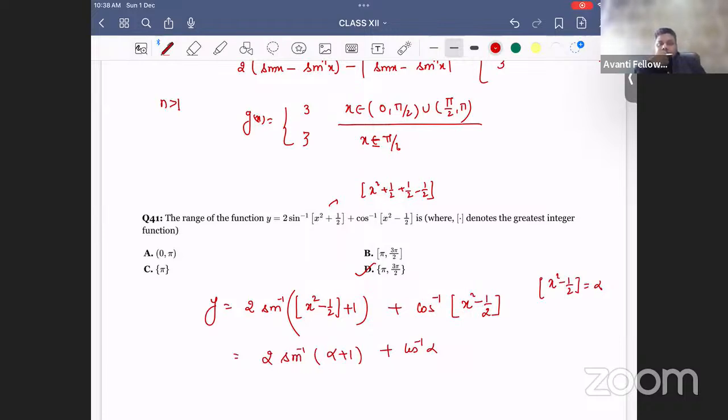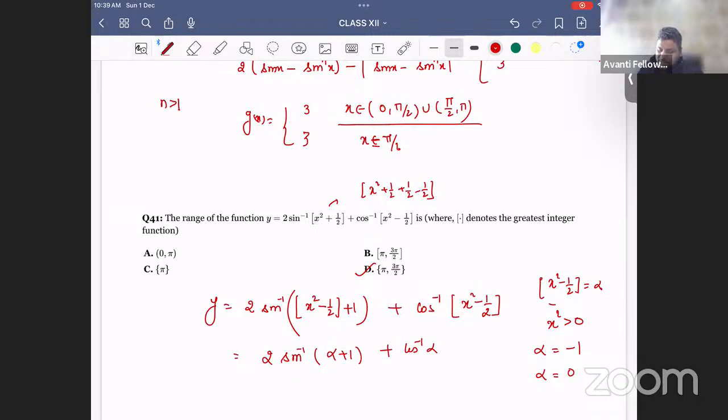Got it? Now, what can be the values of alpha? Alpha you can simply figure out. See, x square is more than 0, so alpha can be -1. Say x square is close to 0, alpha can be 0.